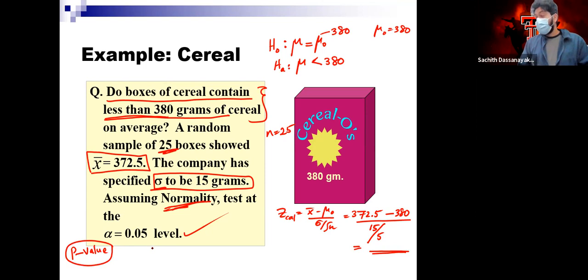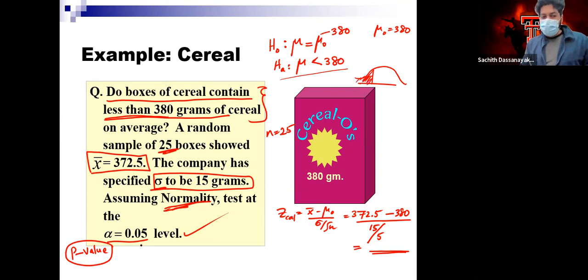You have this alpha, and you don't have to do anything with it, but you have to convert your Z-cal to a probability value. First, check that this is the less than case, which means we are dealing with the left tail.